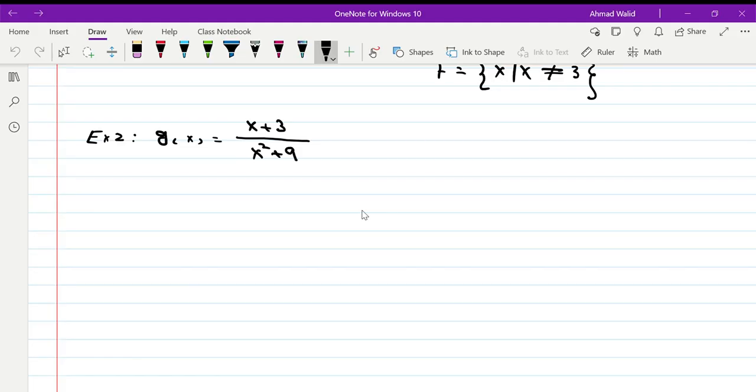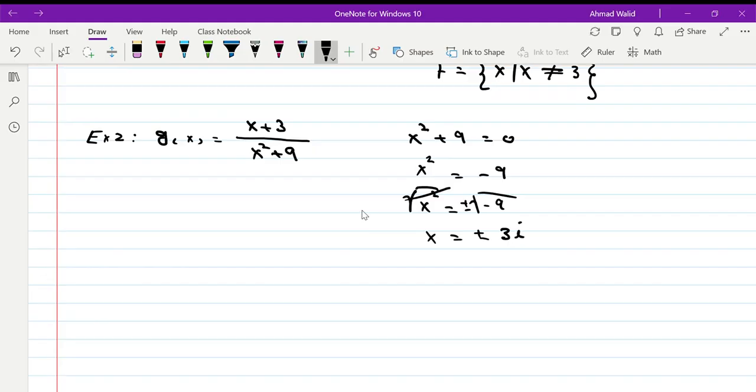What I do immediately, x squared plus 9 equals 0. It means x squared equals negative 9. It means x equals what? If you take a square root from both sides, let me show you. Square root of x squared equals plus minus the square root of negative 9. Correct? It means x equals plus minus 3i.